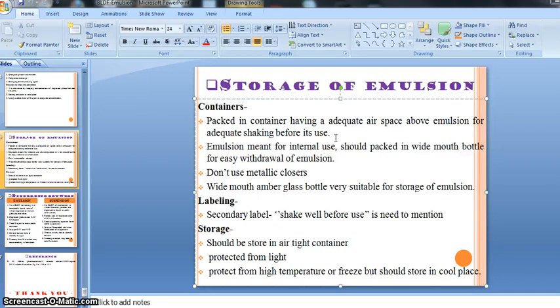Without shaking we can't take it, or if we fail to shake the preparation and take it, we will not get the desired pharmacological action, right? So after transferring the emulsion into a container, that container should have adequate space above the emulsion for the shaking purpose.